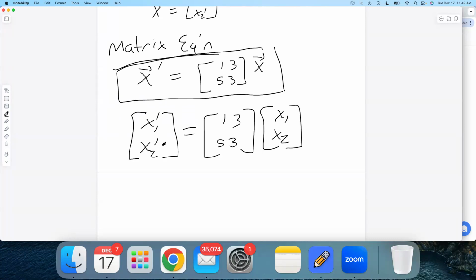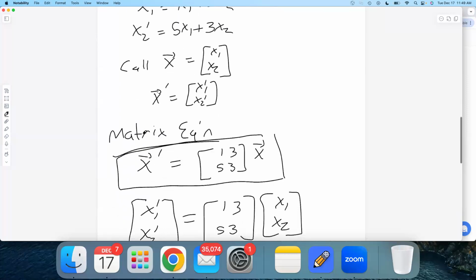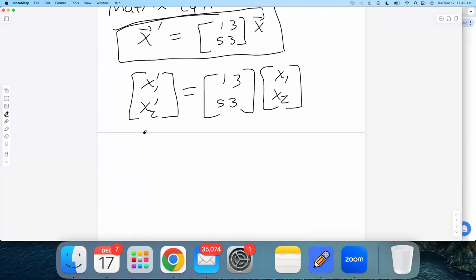Let's convince ourselves that this matrix equation is in fact this system of equations we have here. So how do we multiply matrices? You should have learned that in pre-calculus. We're going to take this row and lay it on top of this column. So this is a 2 by 2 multiplying. Remember, it's always rows by columns.